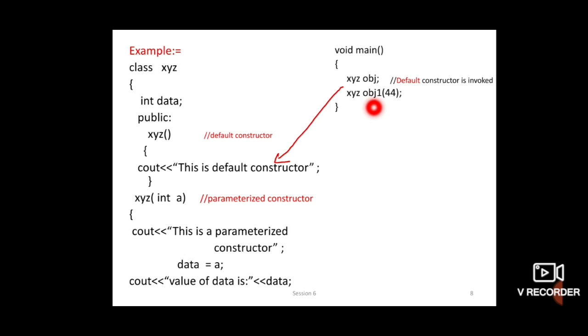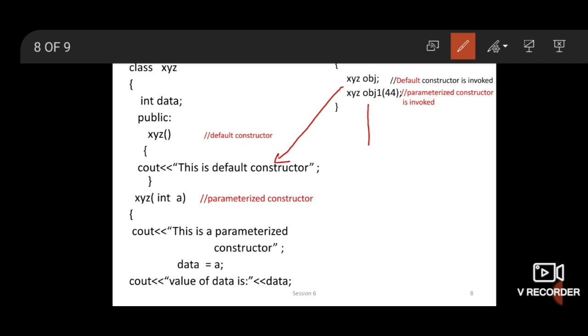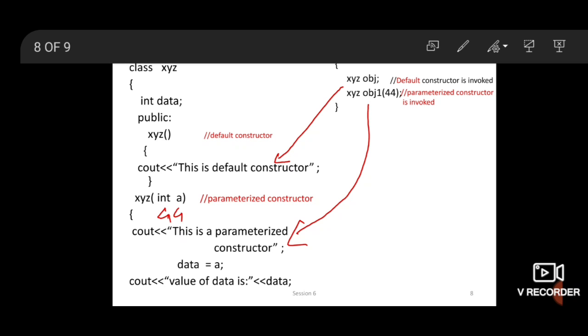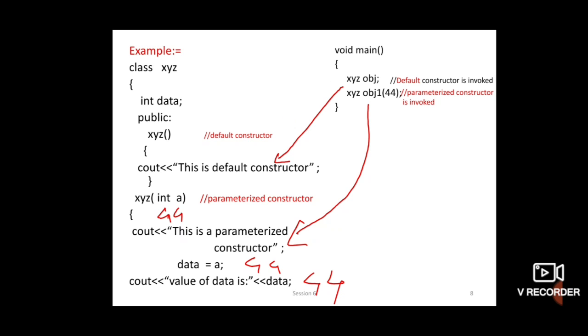When XYZ obj1 44 executes, the parameterized constructor is invoked and 44 is passed. This 44 is automatically stored in A. Now data is equal to A, so the data value becomes 44 and 44 is printed. Now the end of this program.